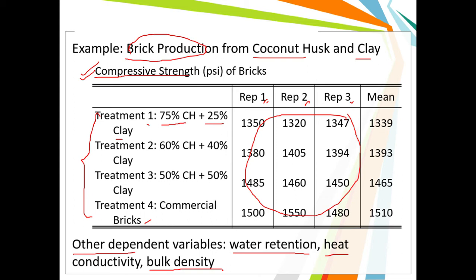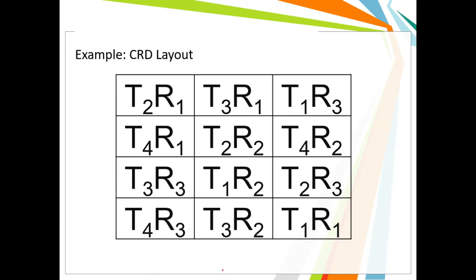Okay? So bakit siya tinawag na complete random? Because assuming na importante yung layout, let's say ilalagay natin siya sa oven, okay? So, importante ang layout sa oven, no? Kasi nga, let's say medyo hindi ganun kapantay yung pagkainit. So, ang mangyayari dyan is we completely randomize yung pagkaka-arrange ng ating mga treatments, okay?